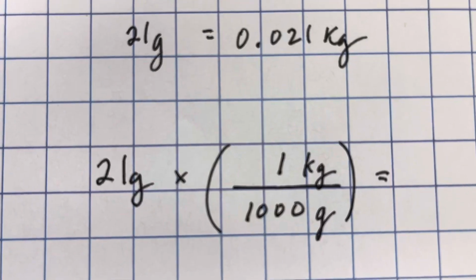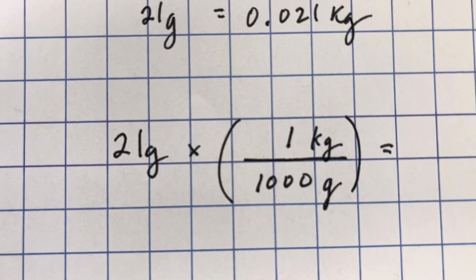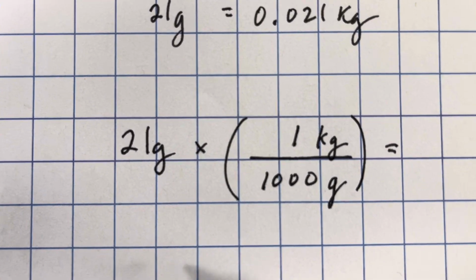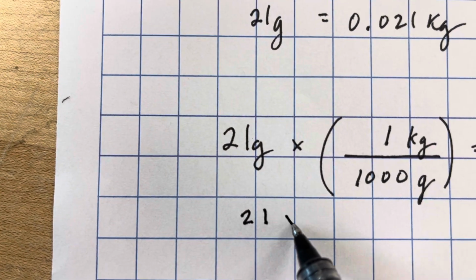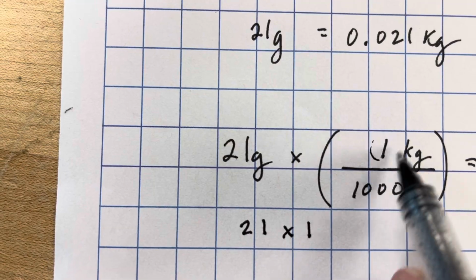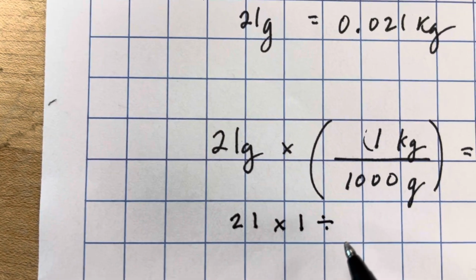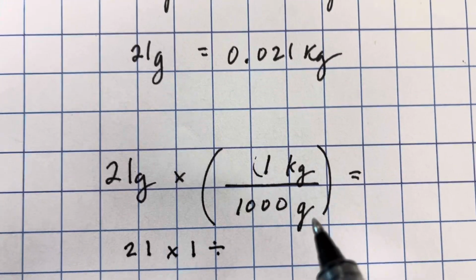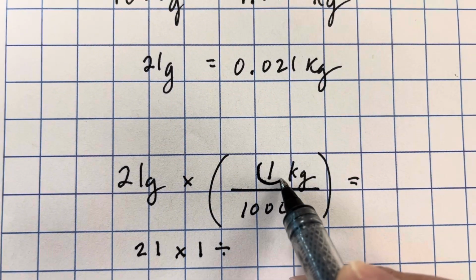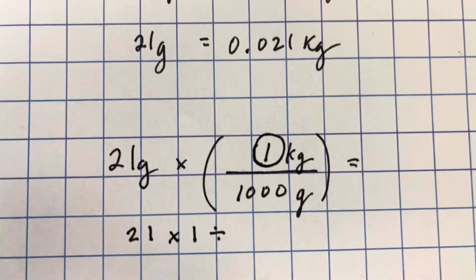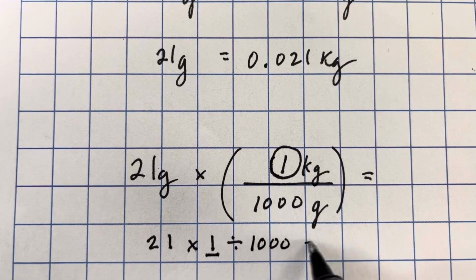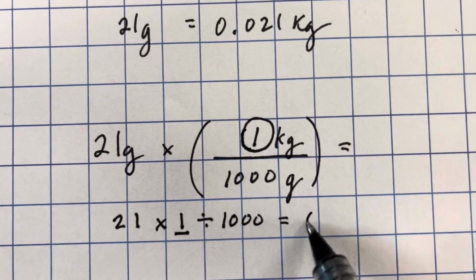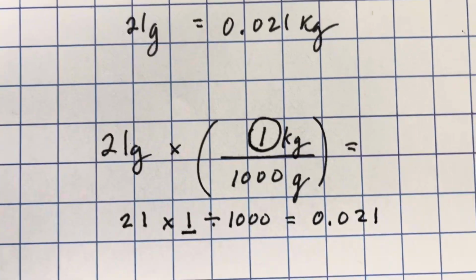So how would you calculate this? If you had a calculator, you would simply type in 21, and you'd multiply by 1, and then you would divide by 1,000, and your calculator would spit out 0.021.